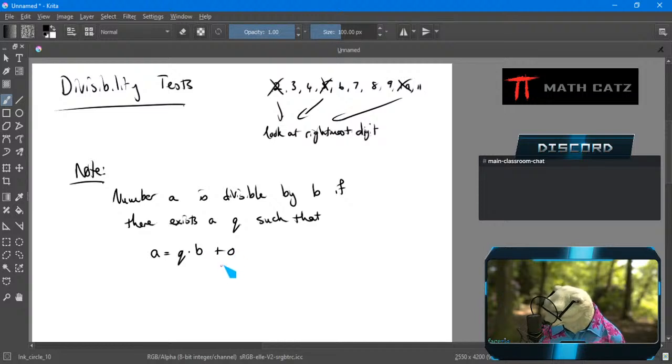We've seen this before, but technically divisibility is defined like this officially.